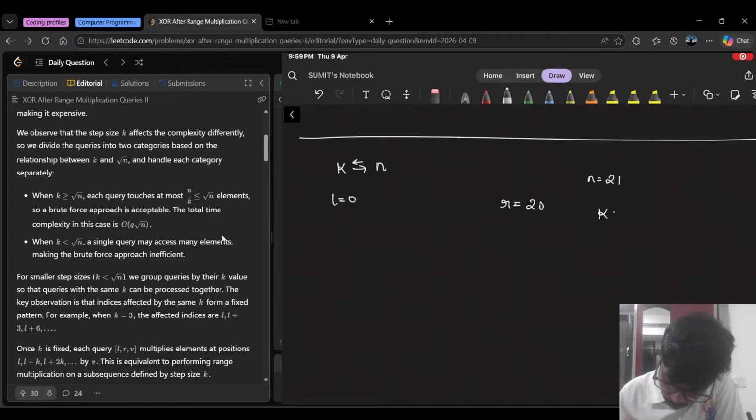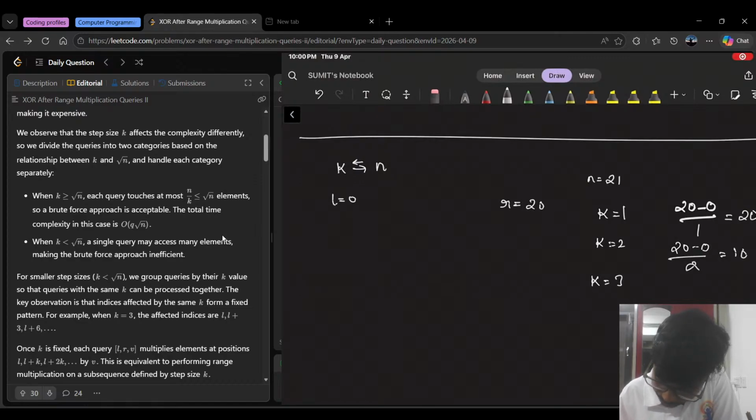If k is equal to 1, how many elements will I access? Right minus left, so 20 minus 0 over 1, that is 20. When k is equal to 2, 20 minus 0 over 2 equals 10, and k equals 3, around 6.